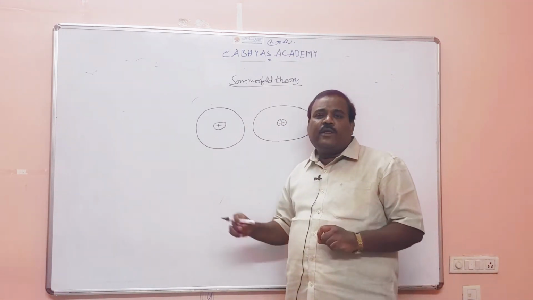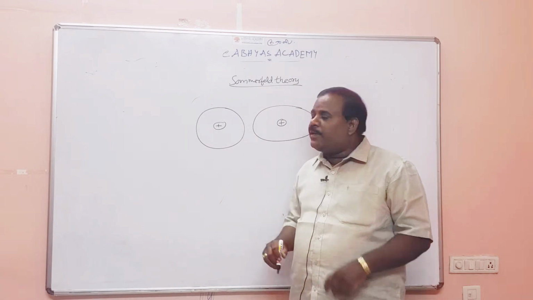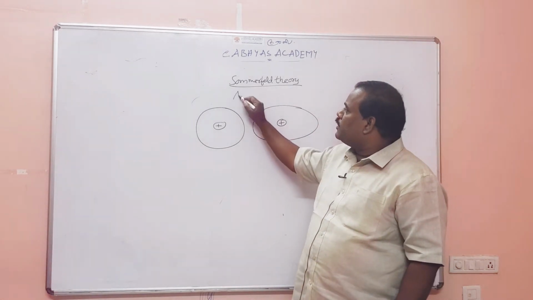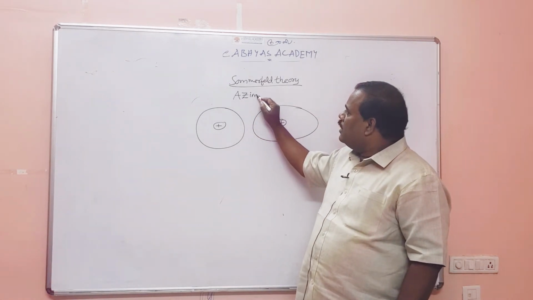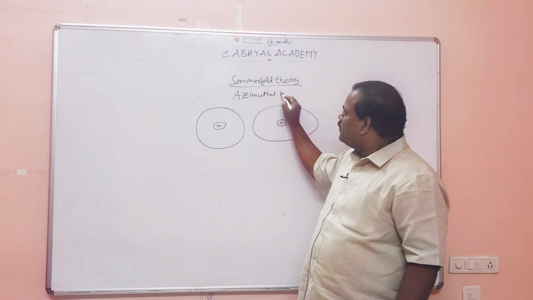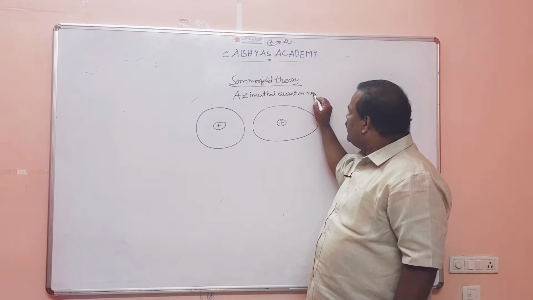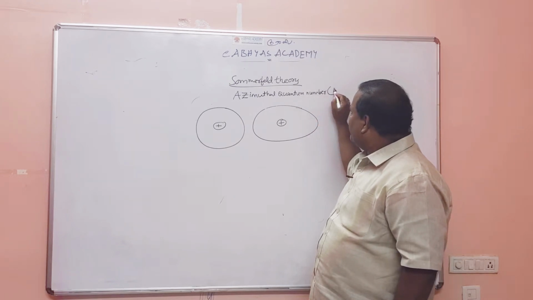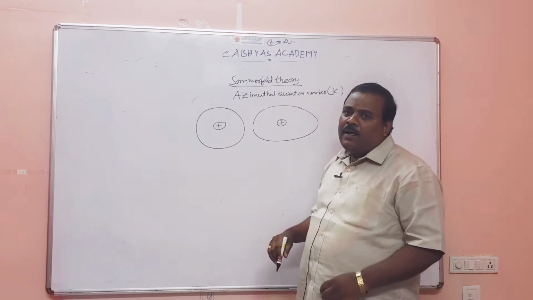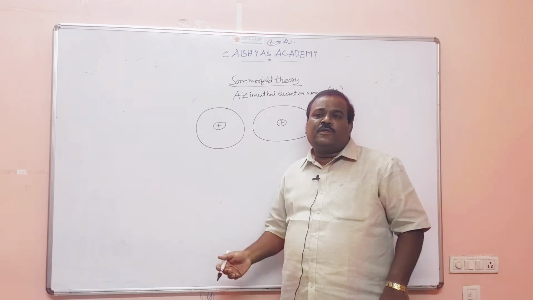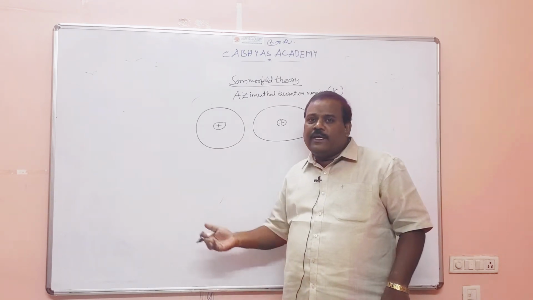And this model for the first time introduces a new quantum number called azimuthal quantum number. It is denoted by K. Of course, later onwards it was modified as L, small l.